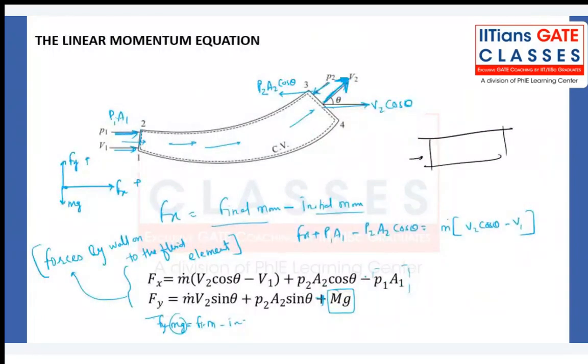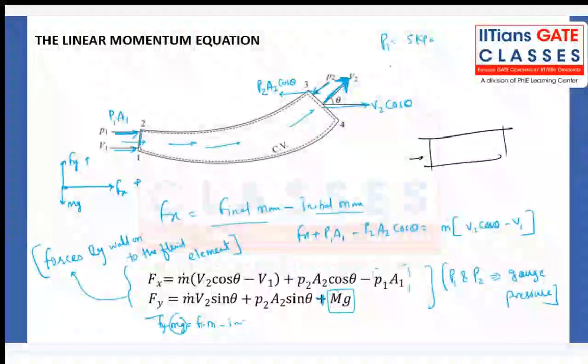Note down one more thing: P1 and P2 are the gauge pressures, not the total pressure. Do not add PATM. So P1 is given as 5 kilopascal, P2 is given as 2 kilopascal, and PATM is given as 100 kilopascal.